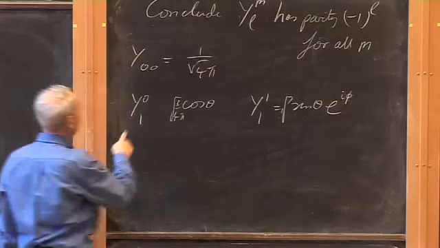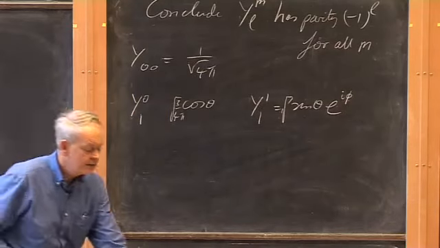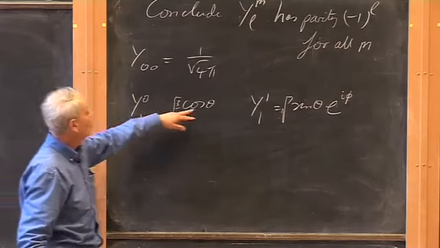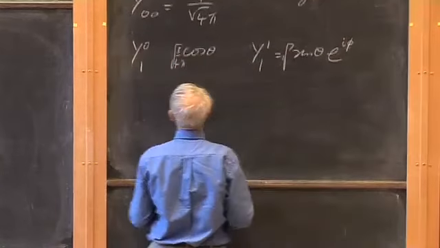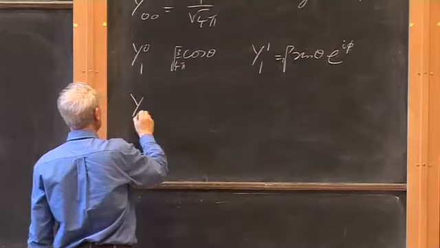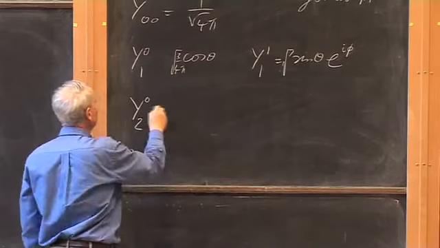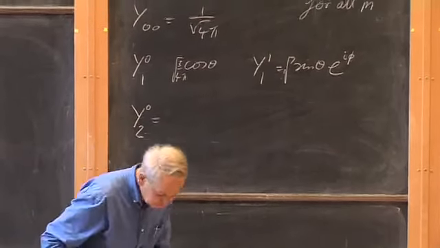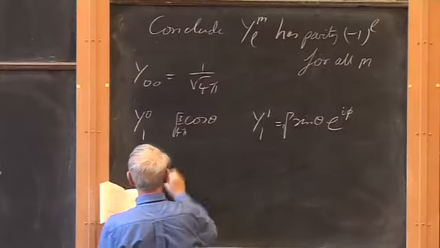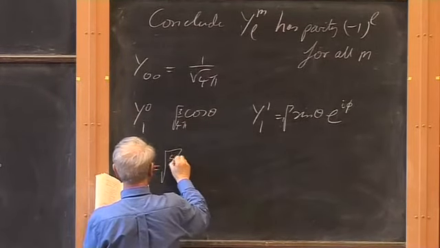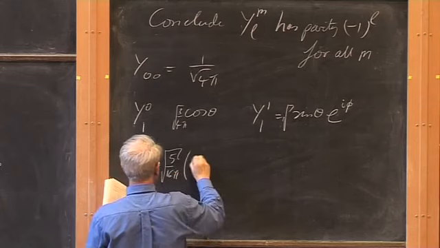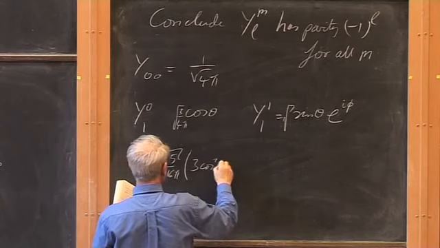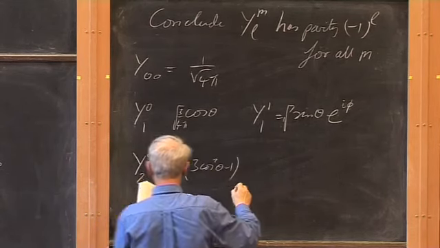So the point is that the Y1s go like cos theta and sine theta. And the Y2s go like cos theta, sine theta. So Y20 is equal to a normalizing factor that happens to be 5 over 16 pi, that's not so interesting, times 3 cos squared theta minus 1.